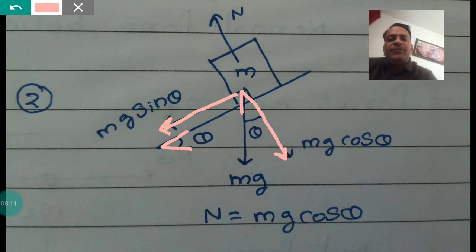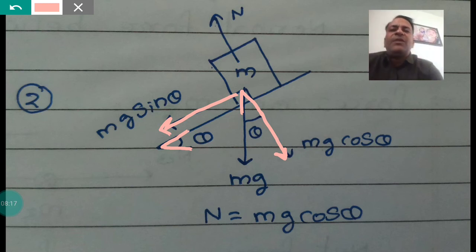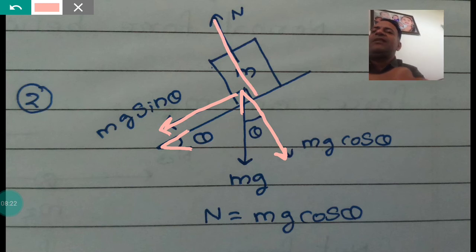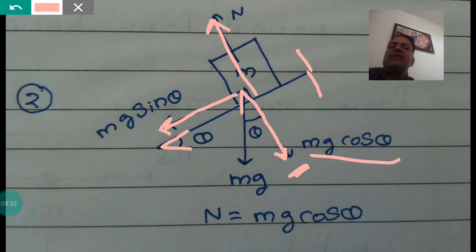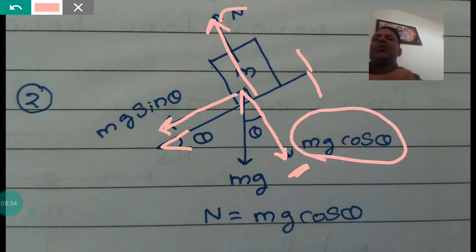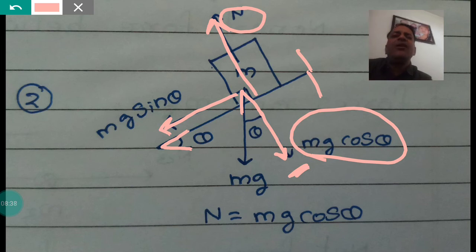All right. Now see, if the mass and the surface are in contact, तो normal reaction force mass पे लगेगा. ठीक है, कैसे लगेगा? It is always normal to the surface, perpendicular to the surface. Now you can see the mass is neither going down nor going up. That means the obliquely downward force and the obliquely upward force must be equal.